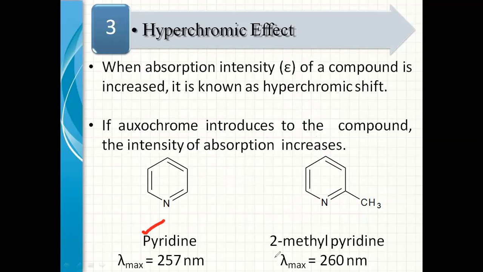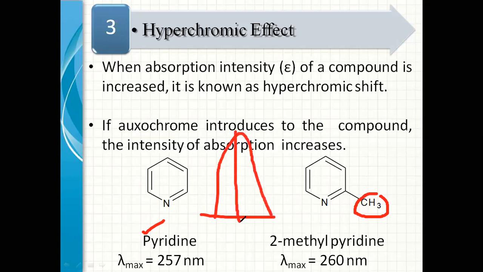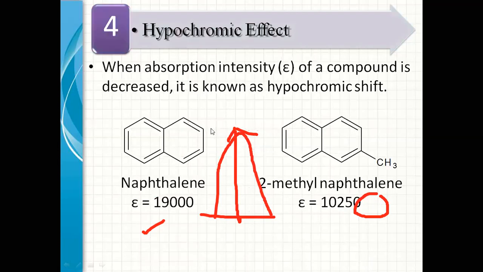But because of the introduction of an auxochrome, 2-methylpyridine, lambda maximum is 260 nanometer, and the intensity also increases. It is not shown here.